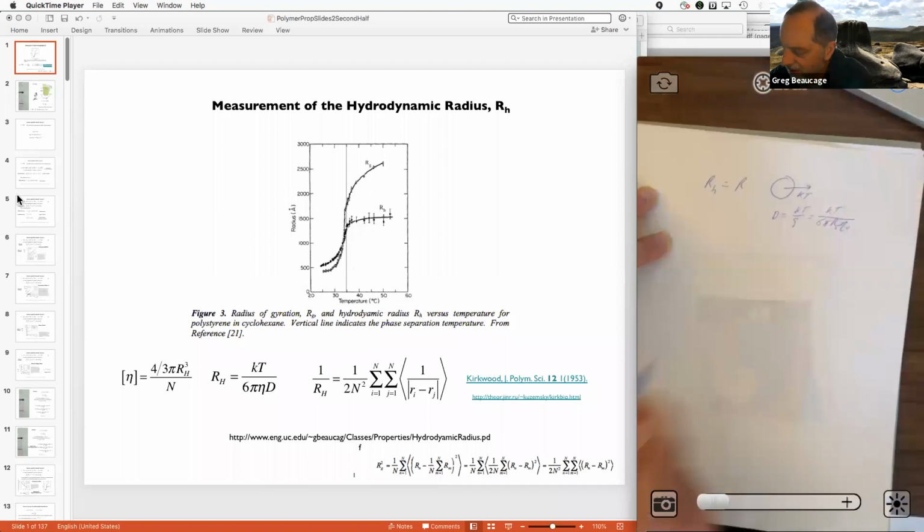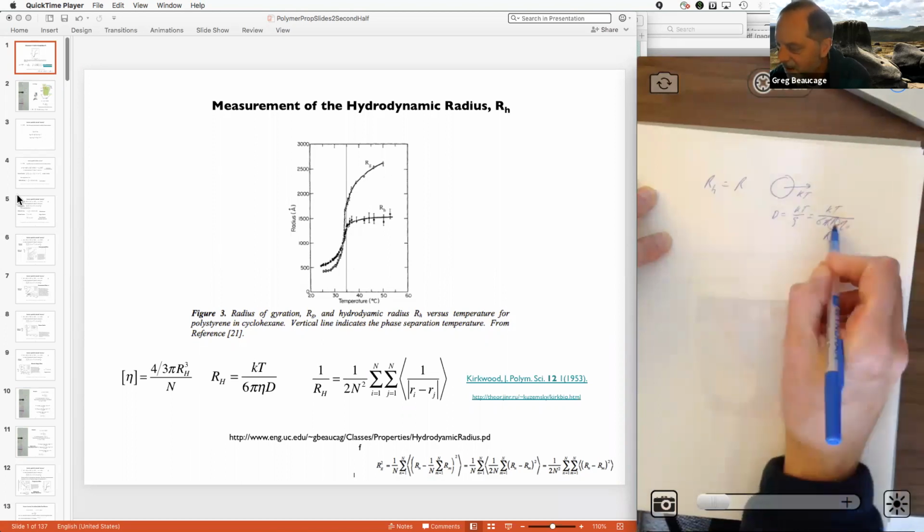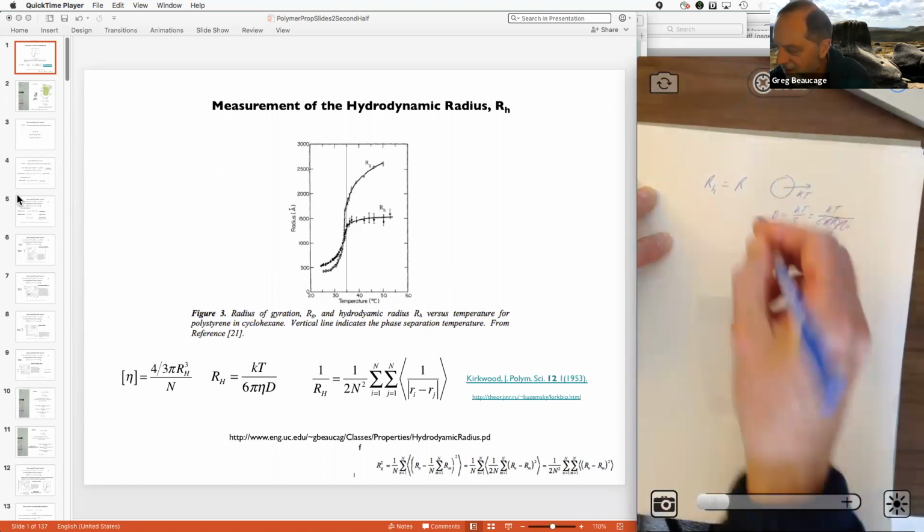So this is for the hydrodynamic radius. So this is the radius of an equivalent sphere to whatever diffusion coefficient you happen to measure.